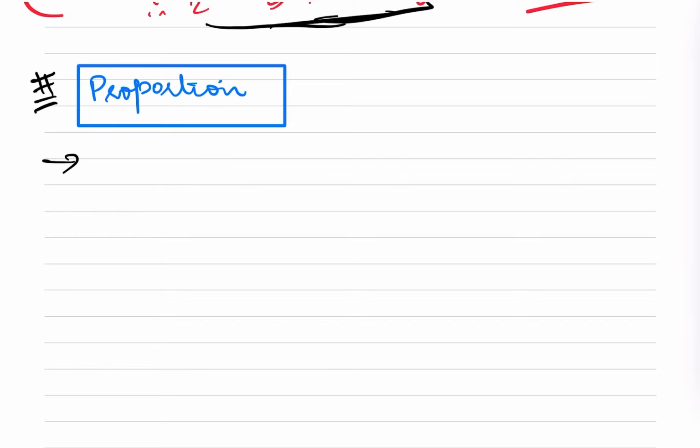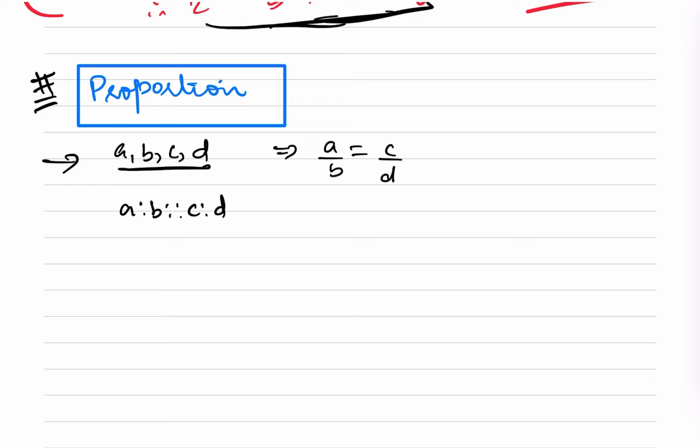Okay, so what is proportion? We said that two ratios are equal, right? Let's say a, b, c, d are said to be in proportion only if a by b equals c by d. A by b is proportional to c by d means the way a is related to b, the same way c is related to d.